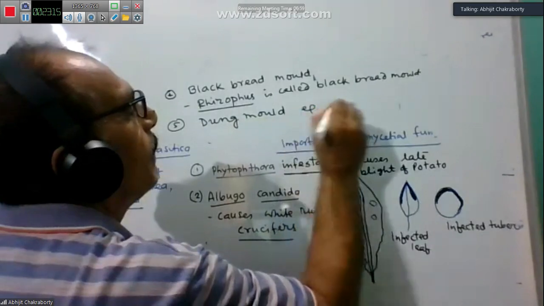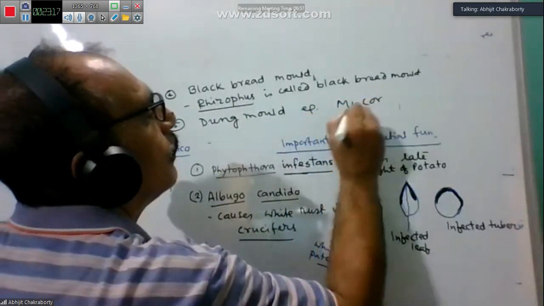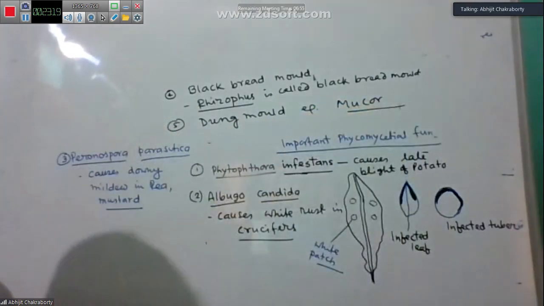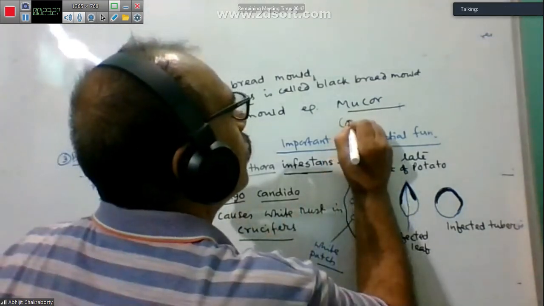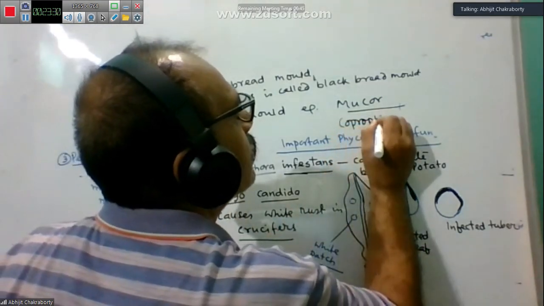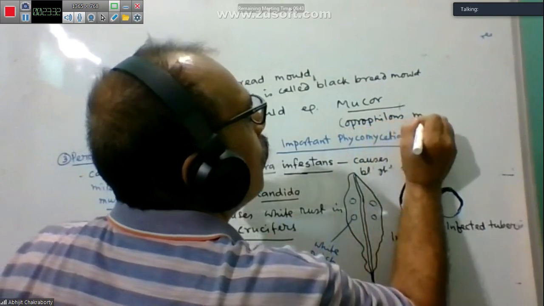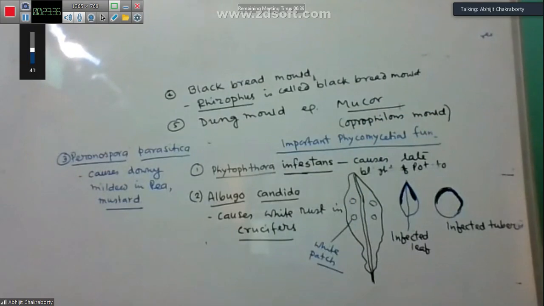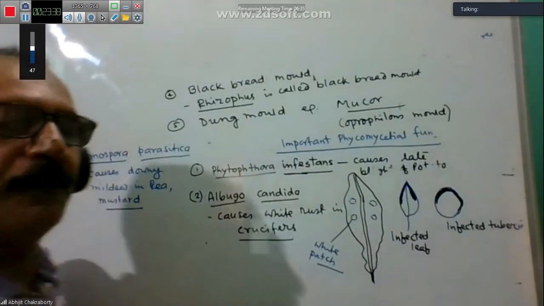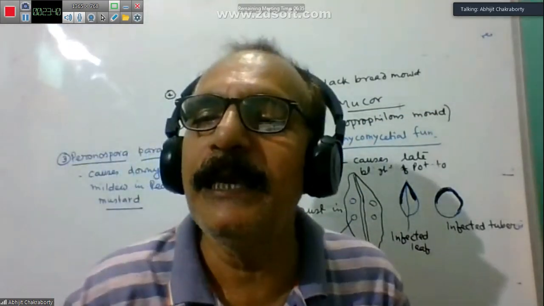Example, Mucor. Mucor is also called dung mold. Mucor is again called coprophilus mold. Do you know the meaning of the word coprophilus? Do you know what coprophagy is?